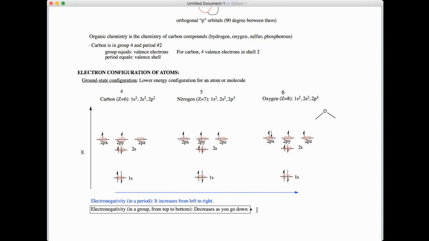We are talking about the size increasing substantially because every atom you go down has an extra shell, right? Therefore, you're increasing the size. And since we define electronegativity as the power of attraction by the electrons in the outermost shell, obviously the farther the electrons are, the less electronegative the atom will be. So that's why fluorine is the most electronegative atom of the periodic table, because it's all the way to the right and all the way to the top in group number 7.